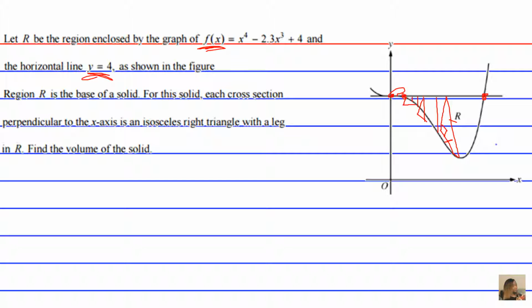So we can just do 4 minus f of x as the height. The reason it's 4 minus f of x is because for the region of integration that we're looking at, 4 lies above f of x, okay? So that's why we're doing 4 minus f of x times the depth.